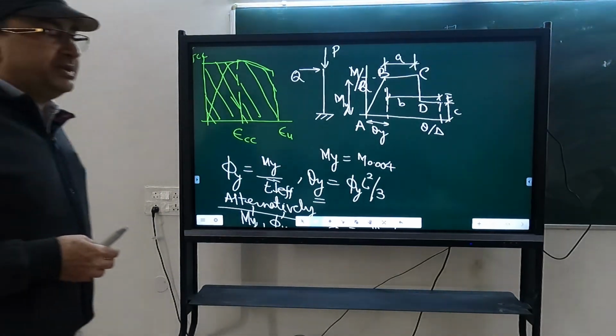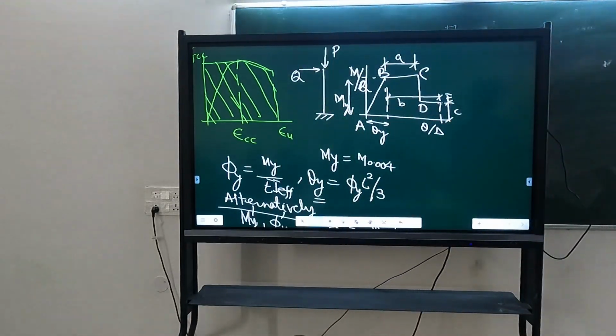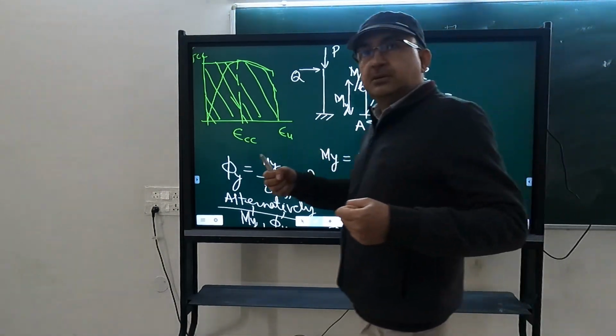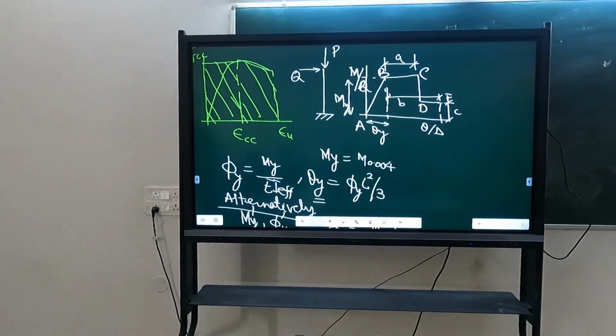In this curve, we cannot take into account cyclic degradation of stiffness. Stiffness reduction due to cracking is one thing which we have considered here through the EI effect. But due to cyclic load, cracking, closing again and again, and yielding of steel, that will cause cyclic degradation of stiffness.